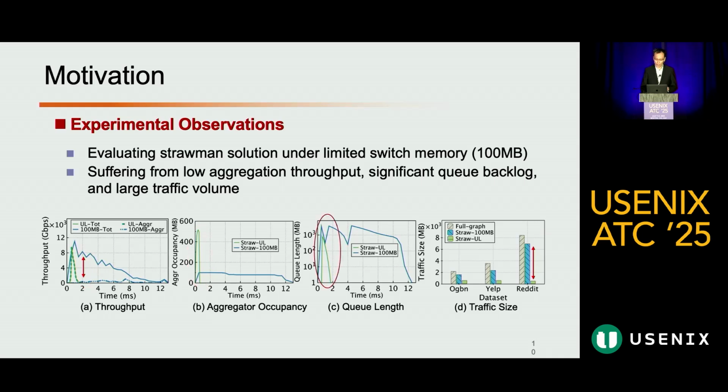In part B, aggregator utilization is high, but still much lower than the case with unlimited memory. And in part C, we see long queue length at the switch. And this happens even with more memory. So that's somewhat counterintuitive. And in part D, the overall traffic volume remains high. So the switch is not offloading much. So with limited switch memory, the strawman solution does not scale very well.